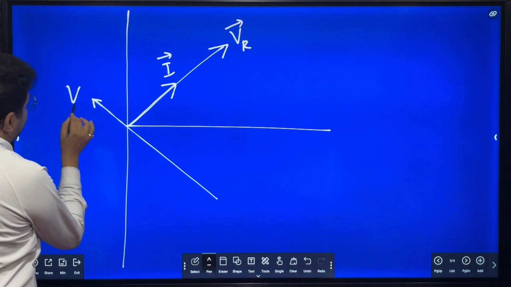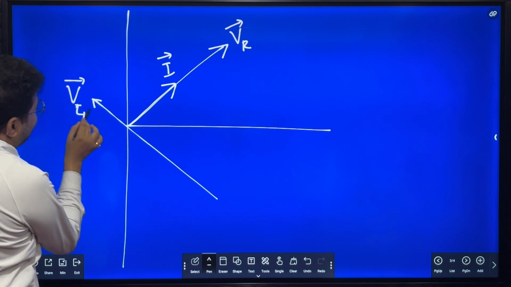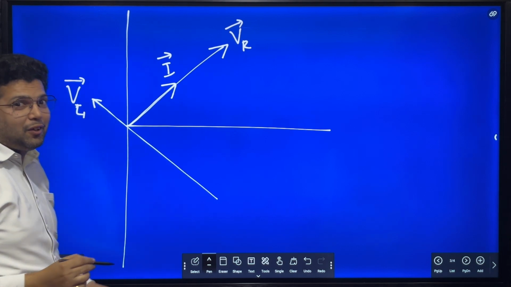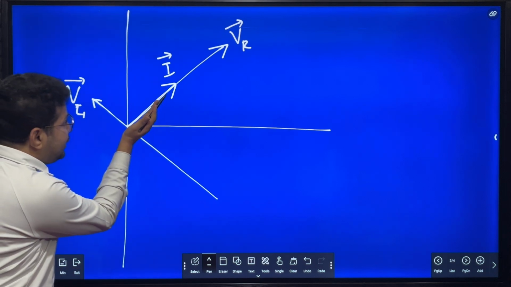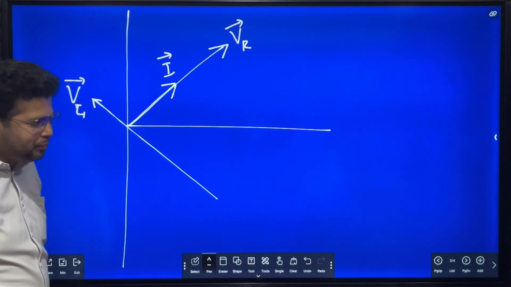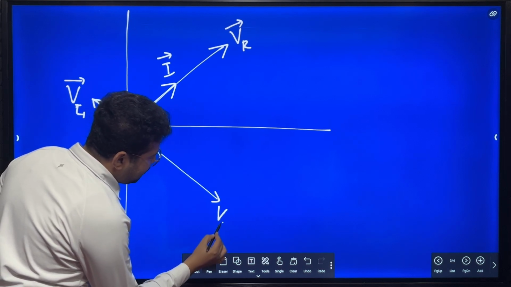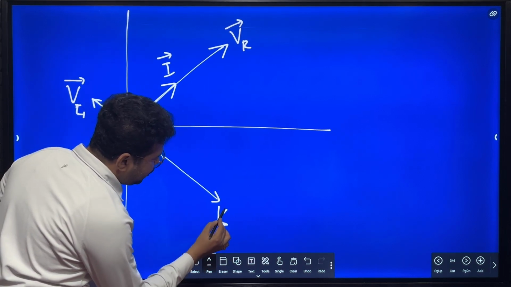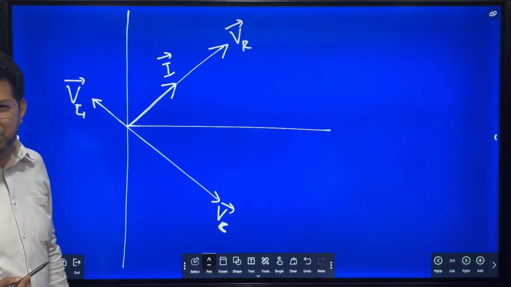This is therefore the phasor of voltage across the inductor. And this is voltage across the capacitor, because in a pure capacitive circuit, current leads voltage by pi by 2.